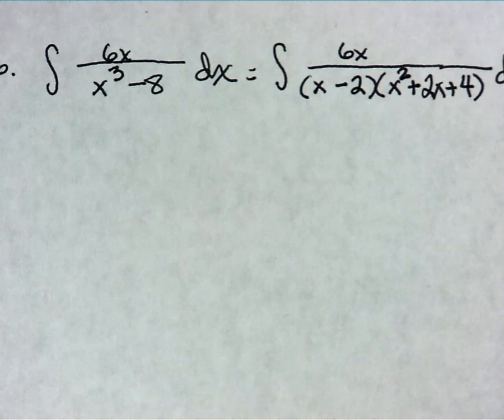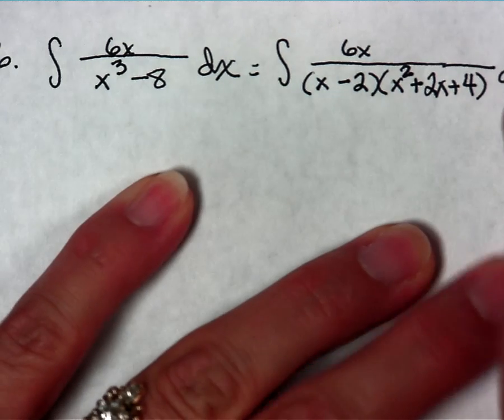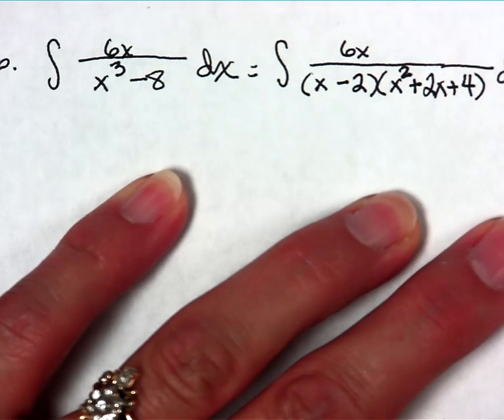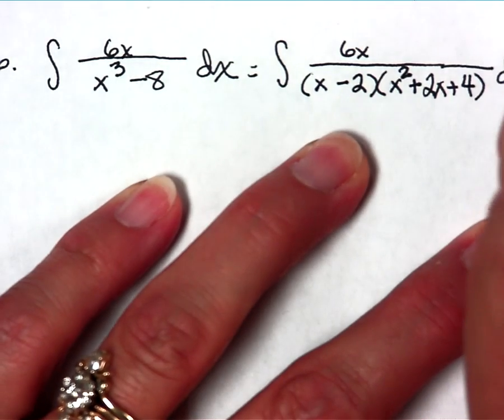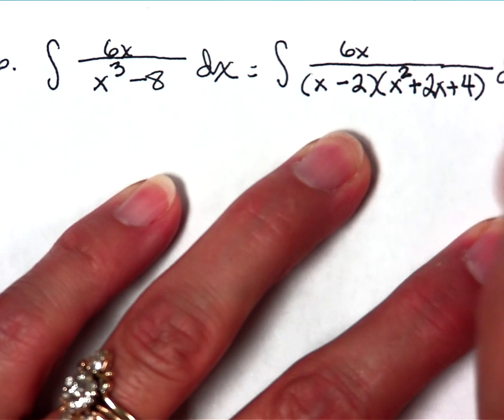So we have a linear factor and an irreducible quadratic factor, a quadratic factor that can't be factored any further. So when I set up my partial fraction decomposition, I just copy down the fraction that I'm going to be breaking apart.